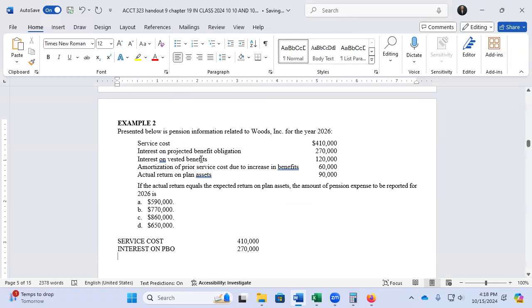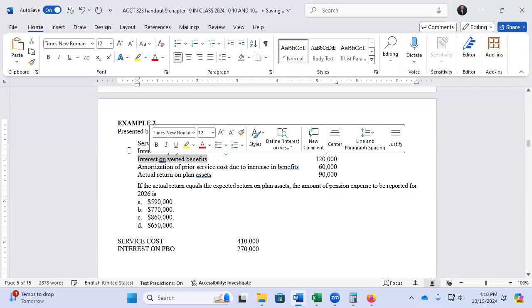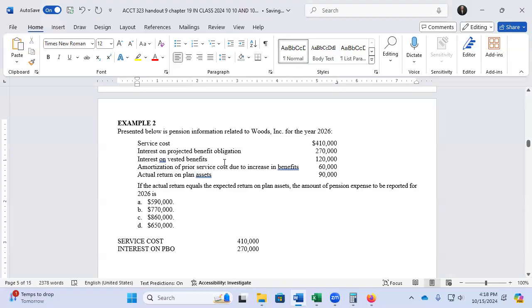Now the interest on vested benefits. They love to throw in these other things that people would like to argue about. I'm kind of a person that says, put that stuff in the back, because if it's not GAAP, we don't really need to learn about it. They have other types of benefit obligations, accumulated benefit obligations, that are less, and essentially this vested benefit thing would be a part of this. We ignore the vested benefits because we want the full obligation.